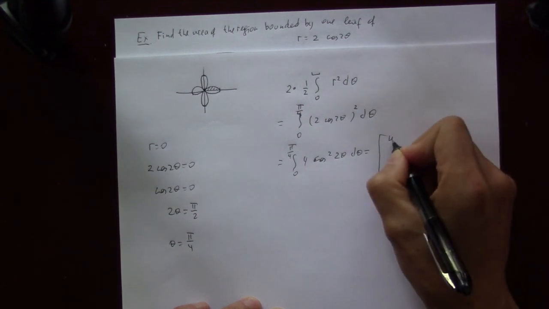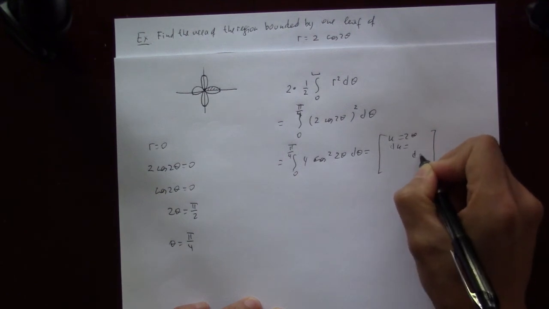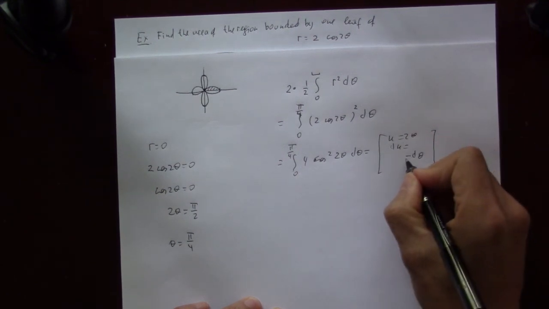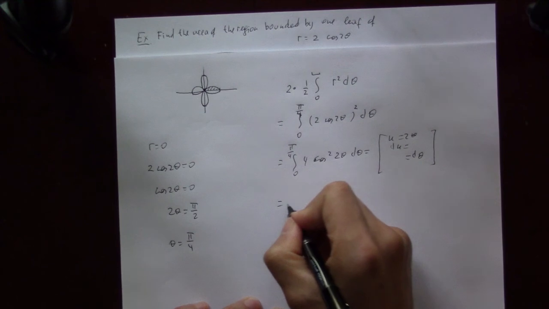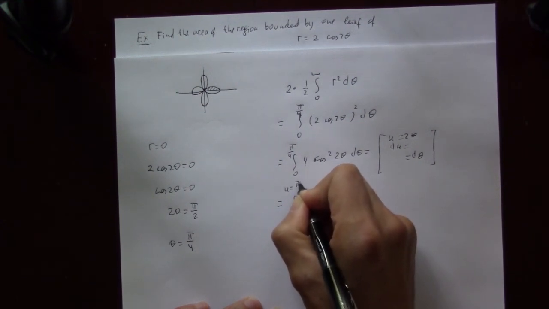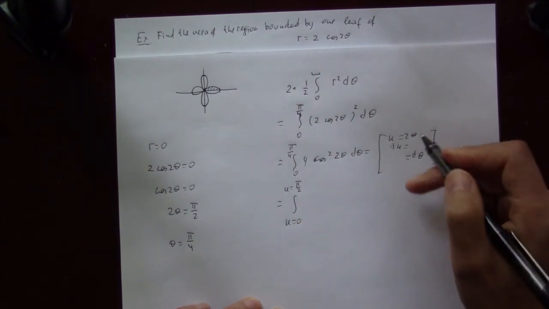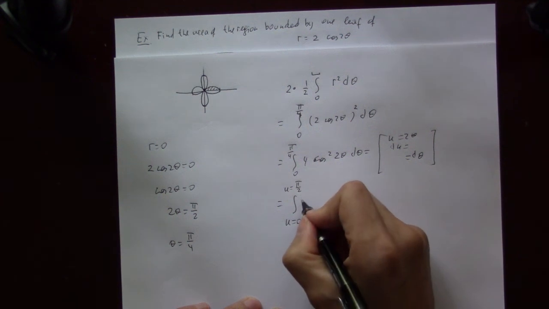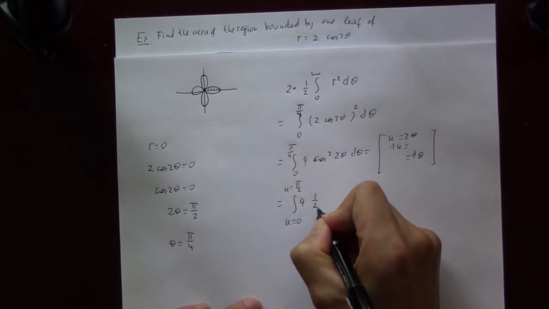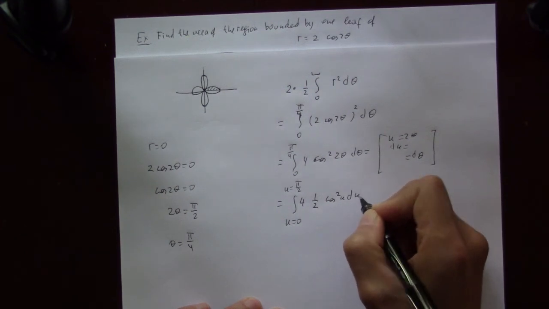Do u substitution, u equals 2 theta. Find du, find d theta. And also I will change the limits of integration, and I will write in terms of u: u equals 0, u equals pi over 2. And if you do substitution, we end up with an extra 1/2 in front, so we're going to get cosine squared u du.